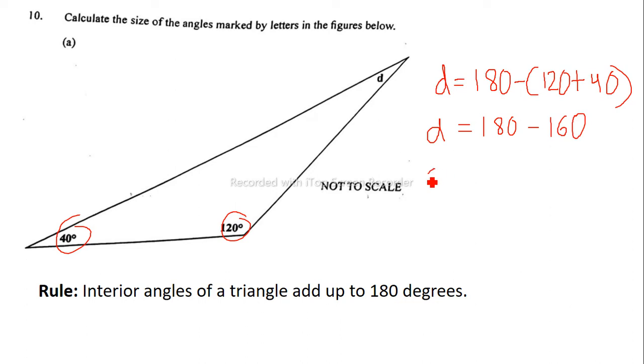So D is going to be equal to 180 minus 160. What is 180 minus 160? 20. All right, so that's correct. D is equal to 20 degrees.